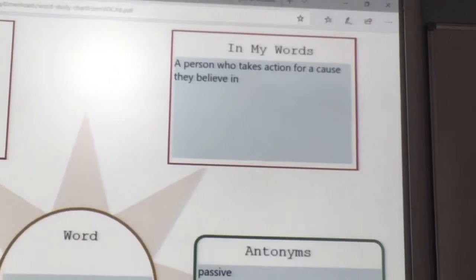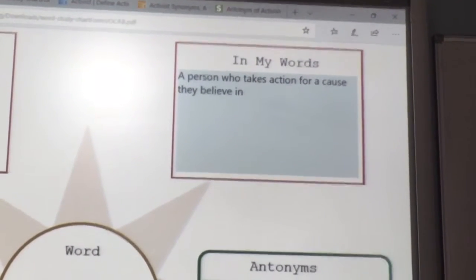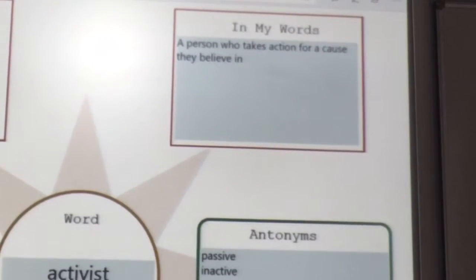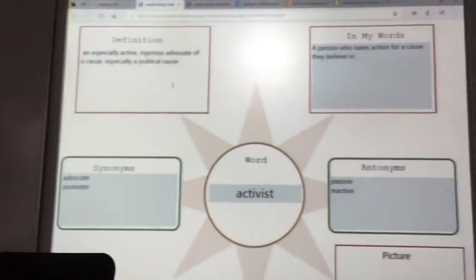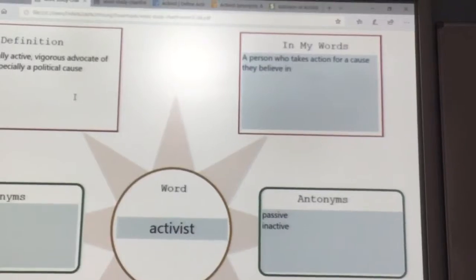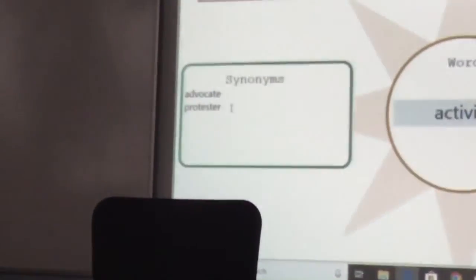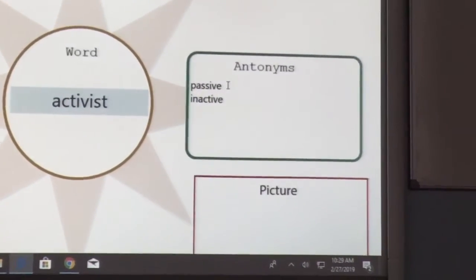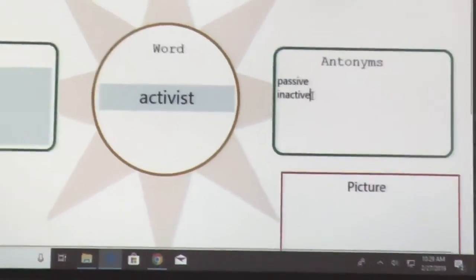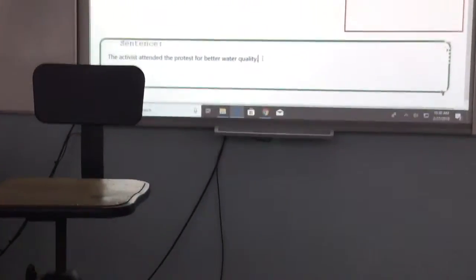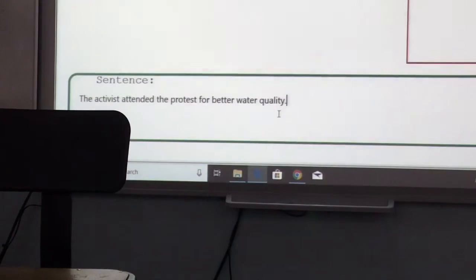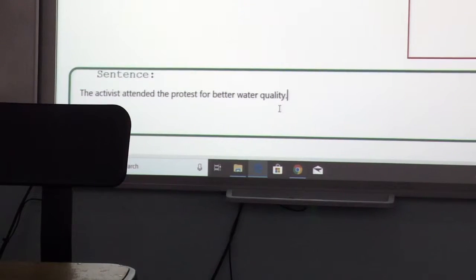We had looked at this in context and came up with a similar definition already yesterday, so it was pretty easy to go back and put it in our own words: a person who takes action for a cause they believe in. What are some of the words that are like activist, advocate, and protester? What are some words that are opposite from activist, passive, and inactive? We put it in a sentence. The activists attended the protest for better water quality.